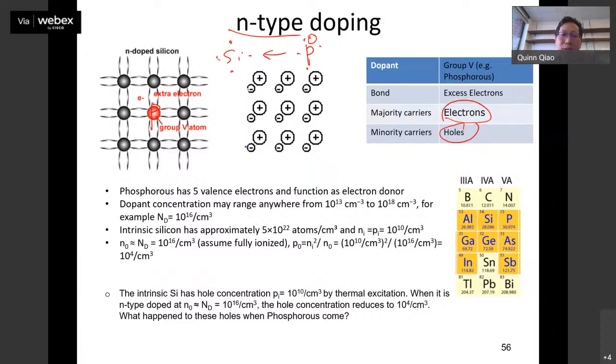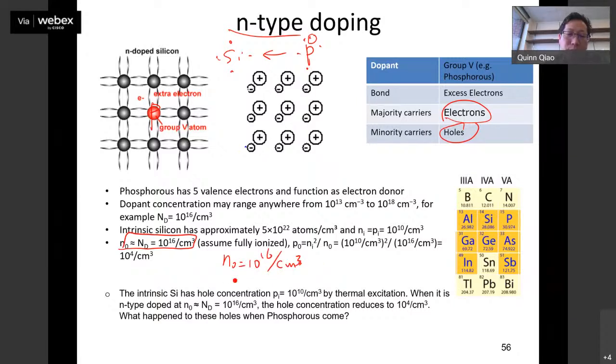Now let's take an example. If I dope my N-type at 10 power 16, that means Nn equals 10 power 16 per centimeter cubed.